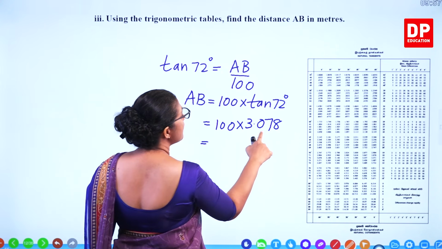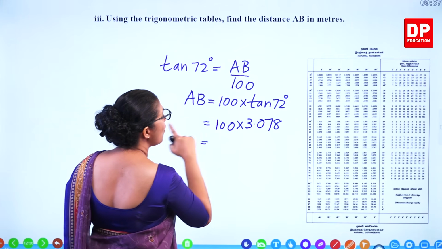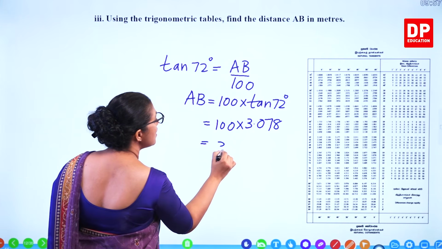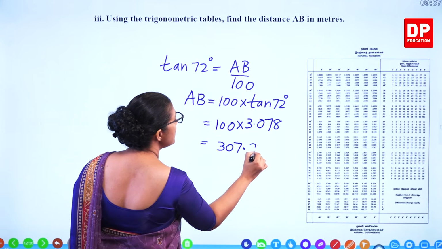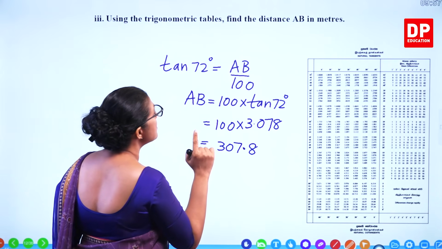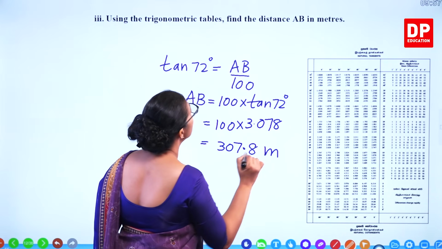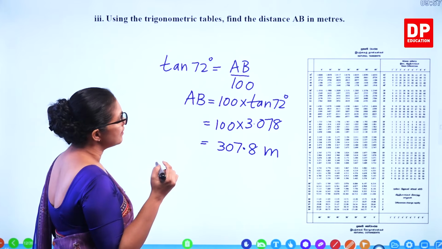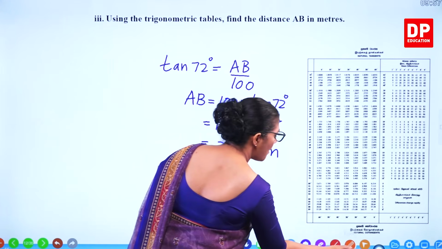So multiply by 100 means moving the decimal point 2 places to the right, 307.8. This is in meters. So that's the answer. So we'll see how many marks for this step.